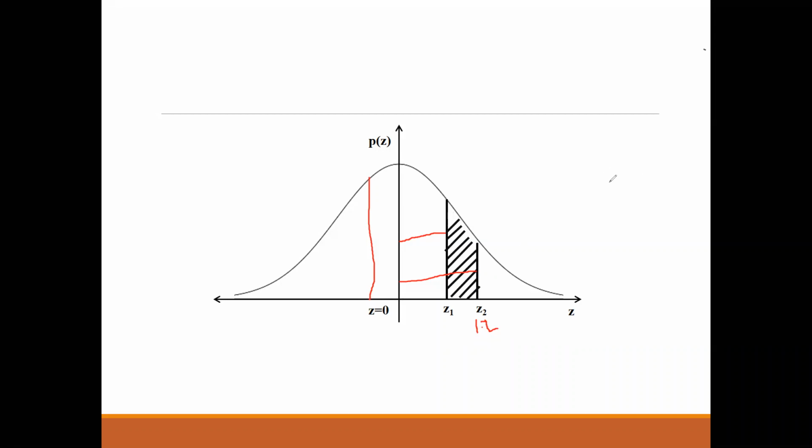So I take 0.5 plus the probability of the area between 0 and, let us take this 0.6 only, otherwise it will be very confusing. So this whole area plus the probability for the area between 0 and minus 0.6, because this is on the other side. But because of the property of symmetry, I'll take the positive side only, so I'll draw a line here which is the same as the area here.